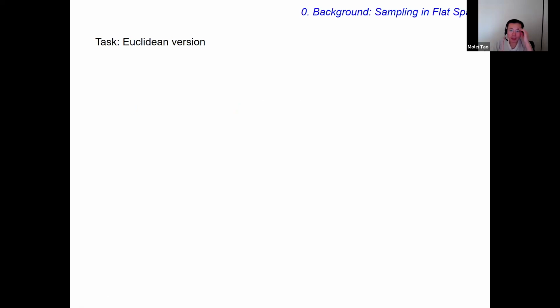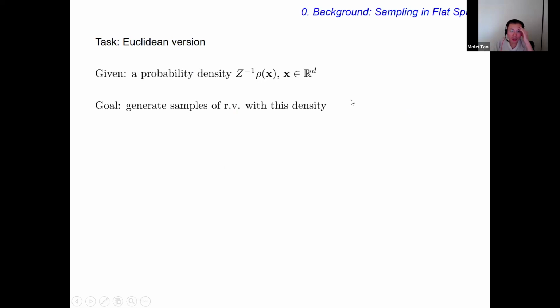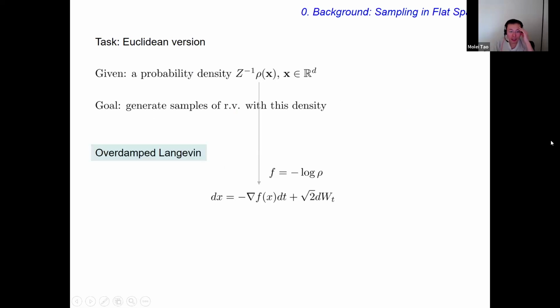Just to fix the terminology, let's first review what is sampling in Euclidean space. You are given a probability density function, usually unnormalized, and you want to generate samples of random variables that follow this density. This is a problem that is so important that there are so many methods. A good amount of them are centered around something called overdamped Langevin dynamics.